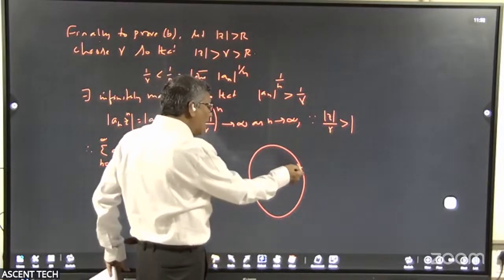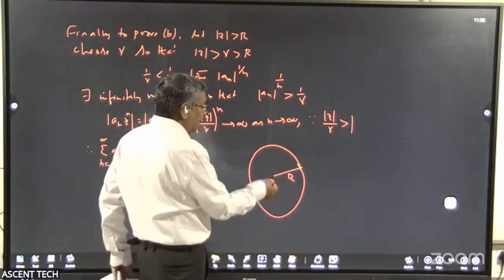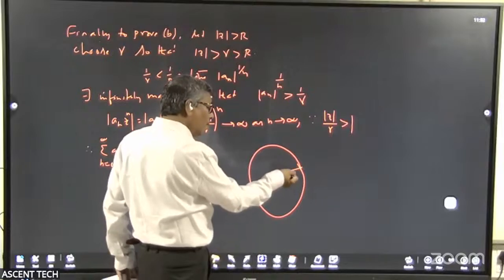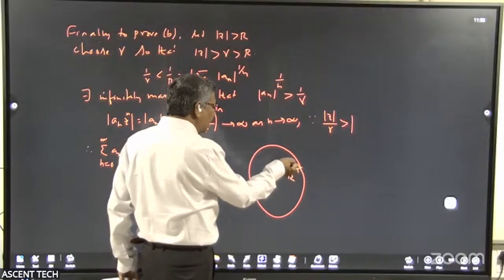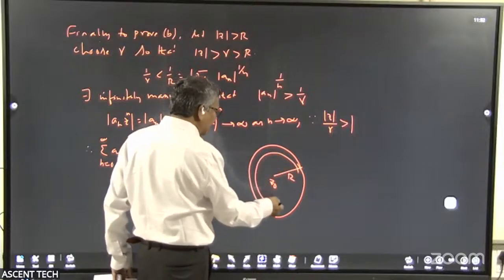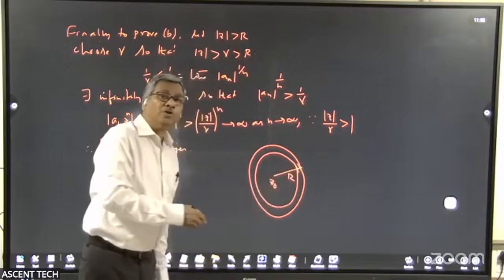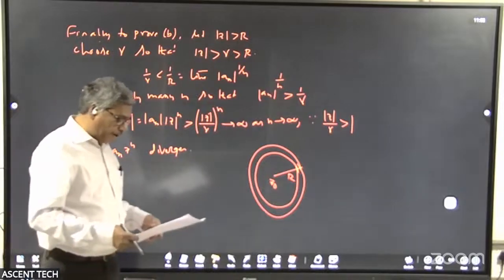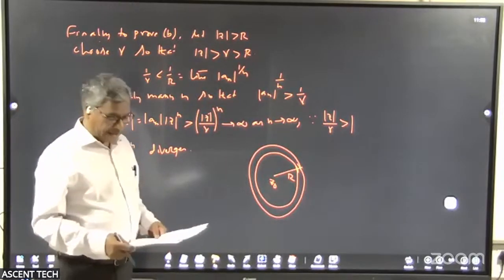But if you go a little bit more inside, that means we take a compact set inside that, the convergence is uniform. This is what we proved, and this number r is called the radius of convergence.